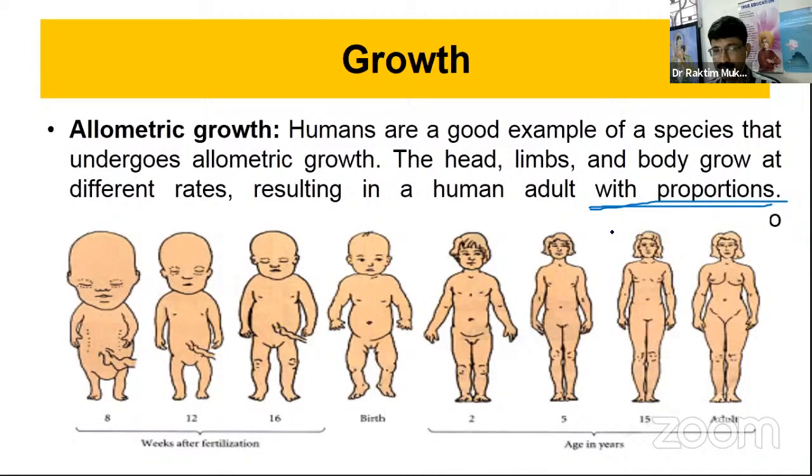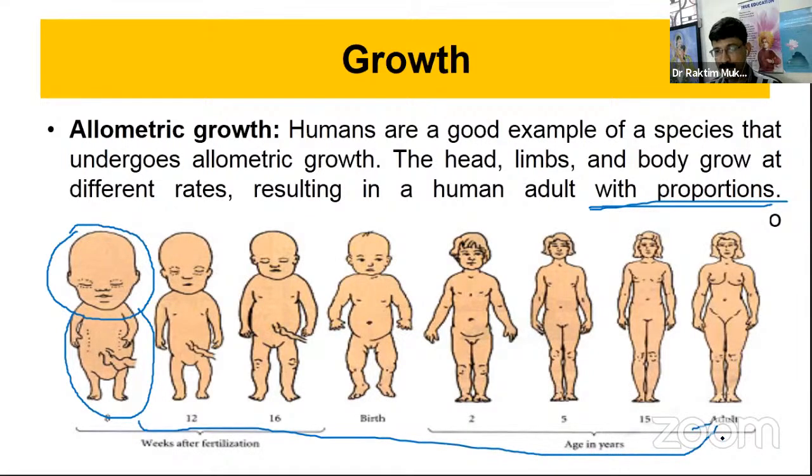Two examples I would give. One from developmental biology: when we are born, any newborn child, if you see the infant, the head is considerably larger in proportion to the body. It's not perfect symmetry. But right from this infant, as you compare with the adult, the remaining body parts considerably grow, and then some form of symmetry is maintained.